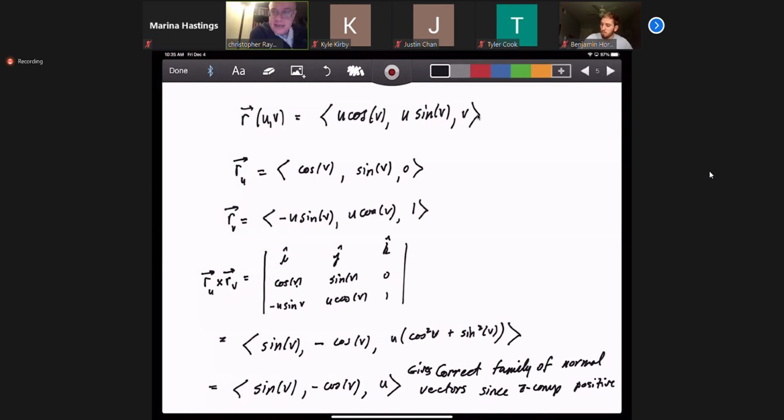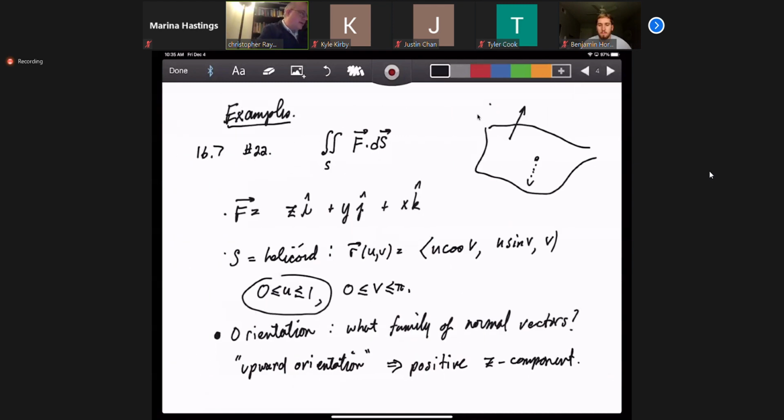So is everyone clear on what we did on this page? Everybody good? Okay, so let's think back now. We're trying to do the integral of F dot dS.